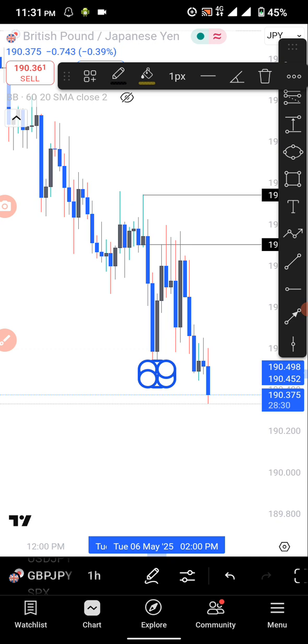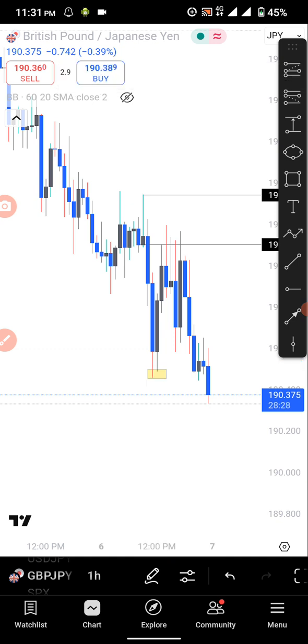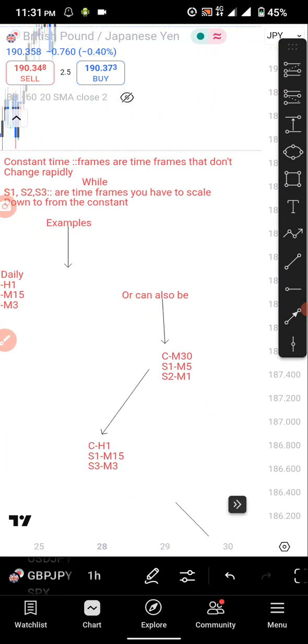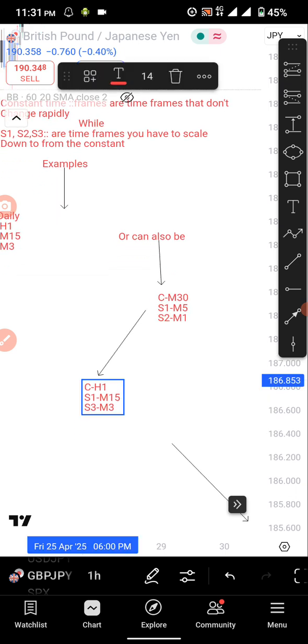If this is our H1 time frame, the constant time frame, it's the big one. When H1 is the big time frame, M15 is the next time frame down, meaning that M15 will form structures faster than H1, or M15 structure will produce this H1 time frame.